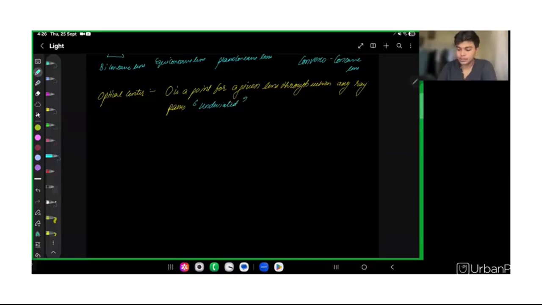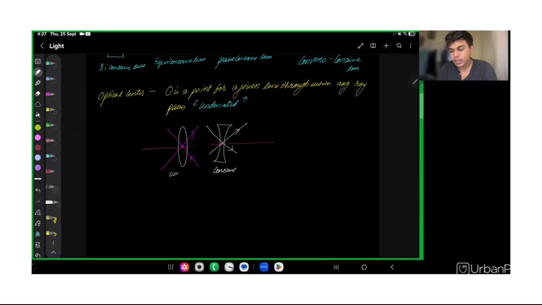We'll take two examples, one for convex, one for concave. Now, if this is optical center O, then any ray passing through this point will leave undeviated.